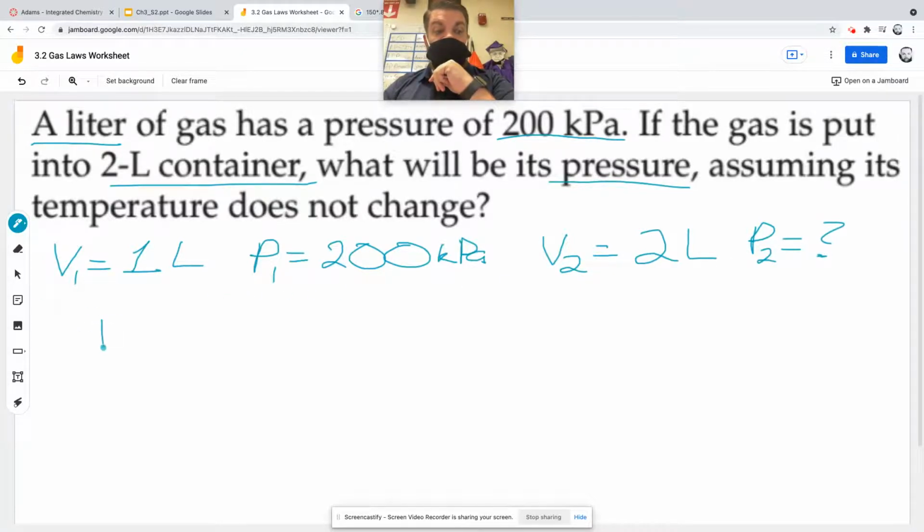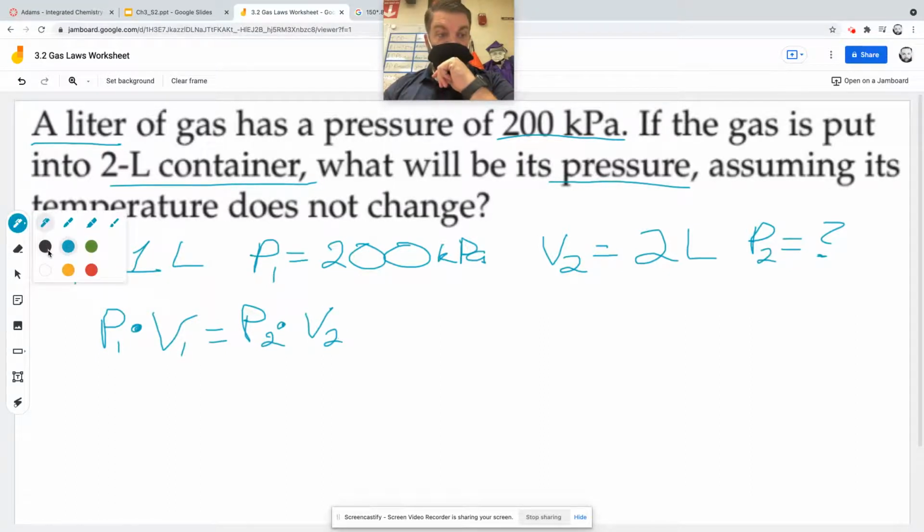So we start with the same formula. Does anybody know what the formula is yet? P sub 1 times V sub 1 is equal to P sub 2 times V sub 2. We're interested in P sub 2, because that's what we don't know.